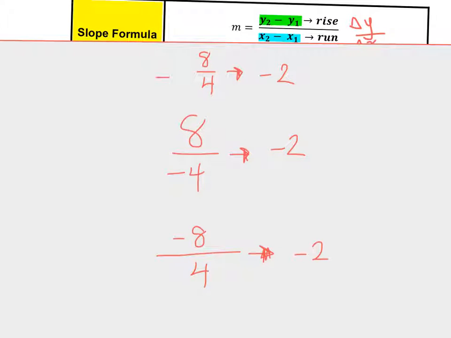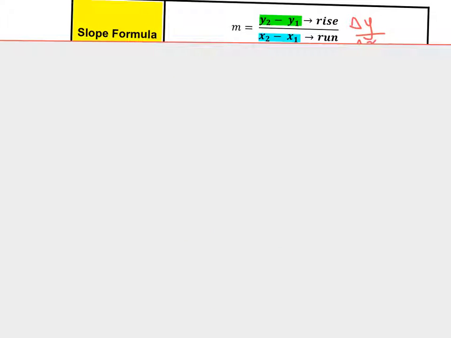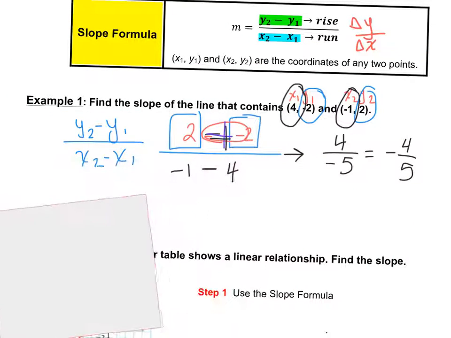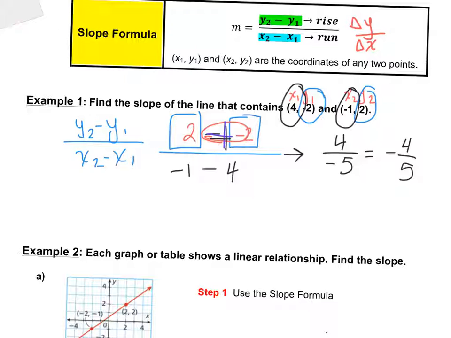This is the reason why if only one of them is negative, the whole value is negative. And with that, this kind of problem where you get 4 divided by negative 5, or 4 over negative 5, that's the same thing as saying, and the more standard way of saying it would be, negative 4/5.